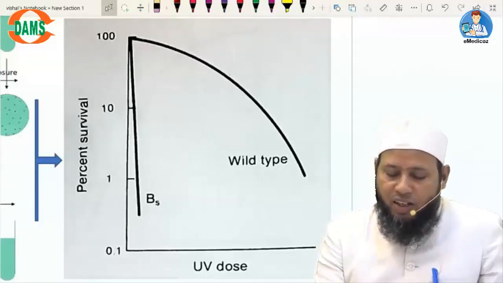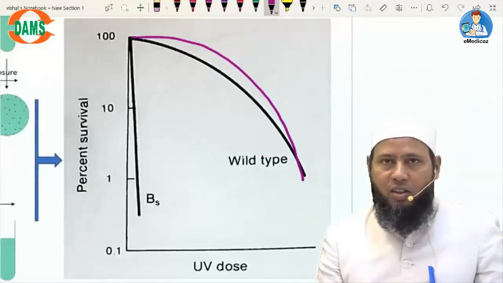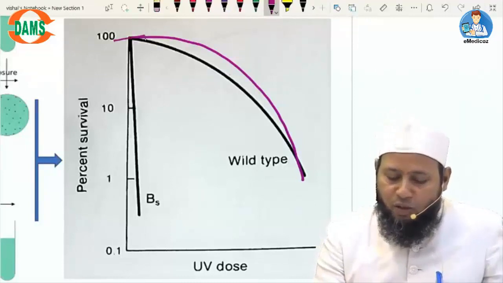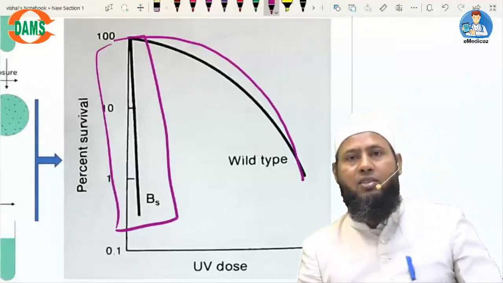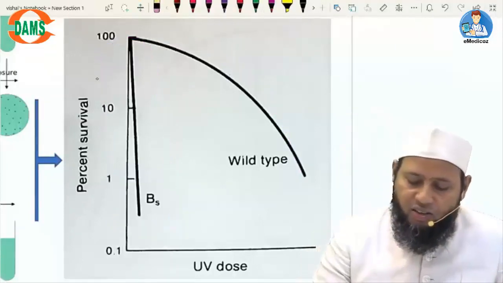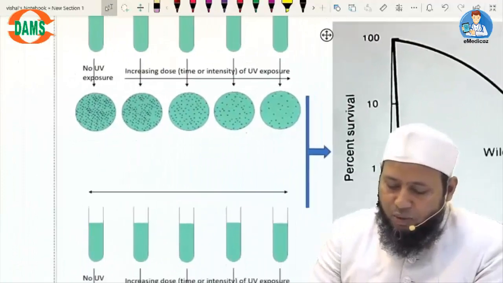We can say in this cell the extent of DNA damage is not that drastic or serious, but in this particular strain of bacteria the DNA damage is highly serious or deleterious. So many things we can learn from these kinds of experiments.